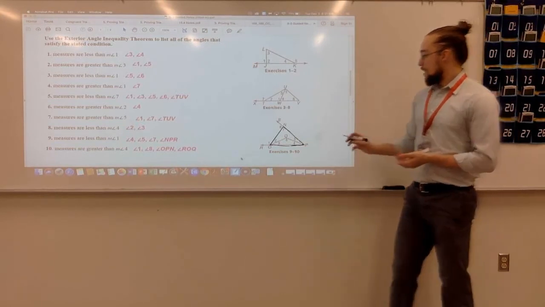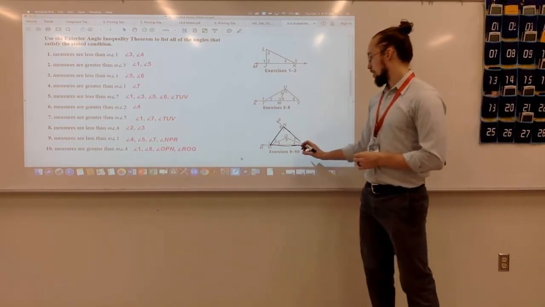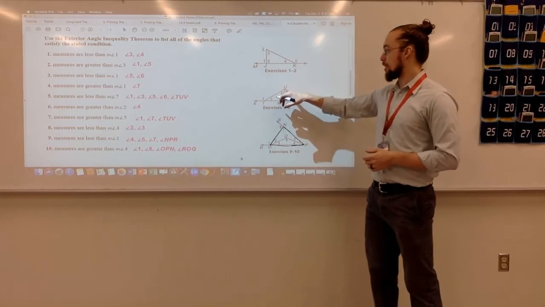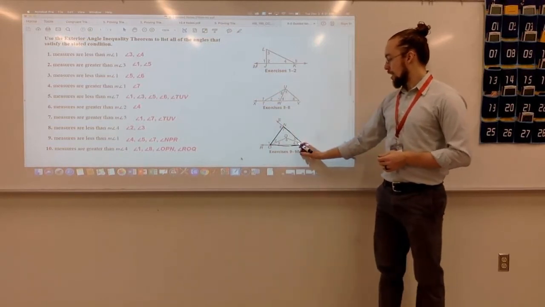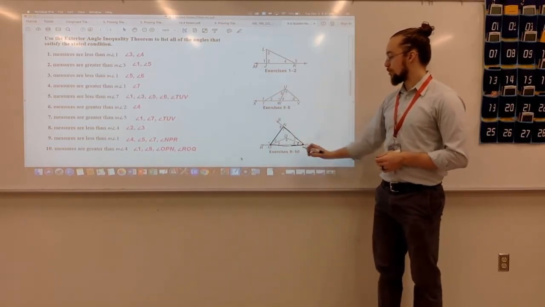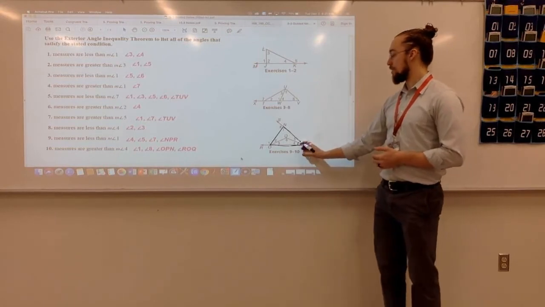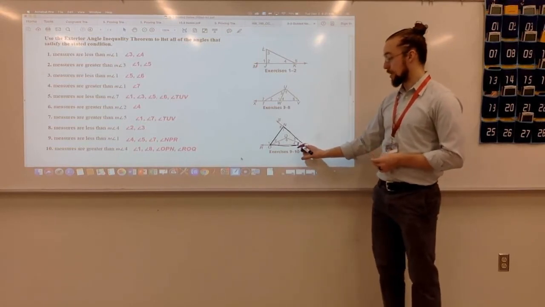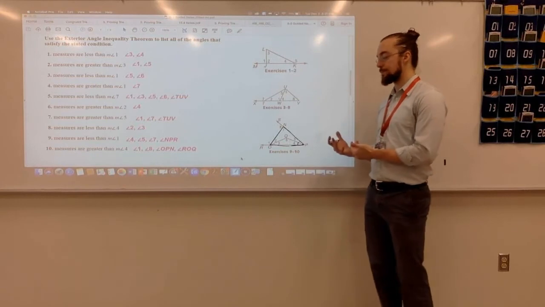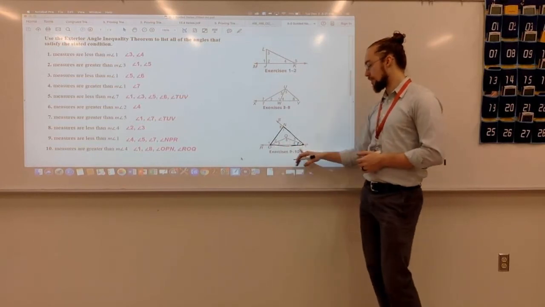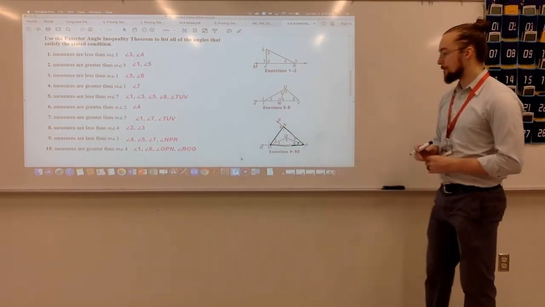And by the logic we used up here, angle 4 would have to be less than this entire angle because we're just taking angle 4 and adding a piece on. So angle 4 would have to be less than angle OPN.